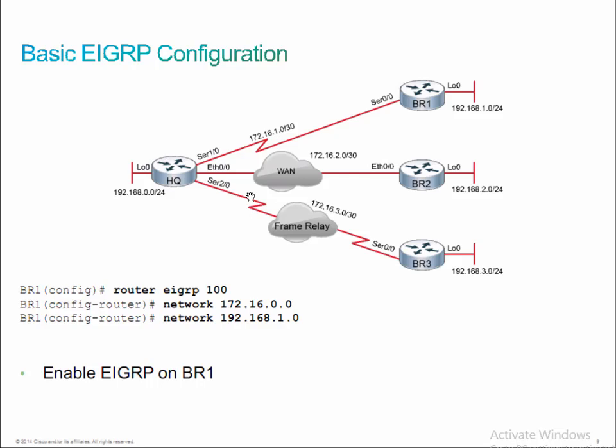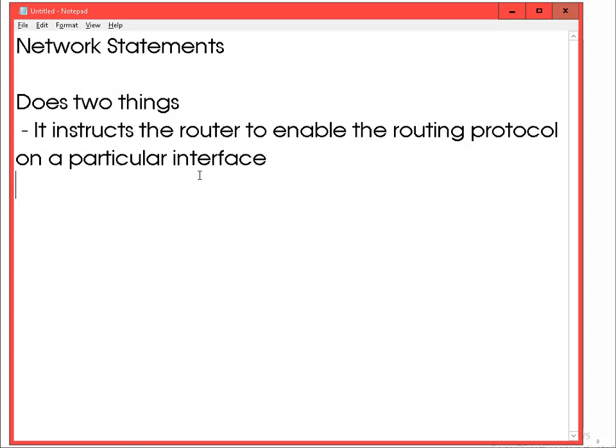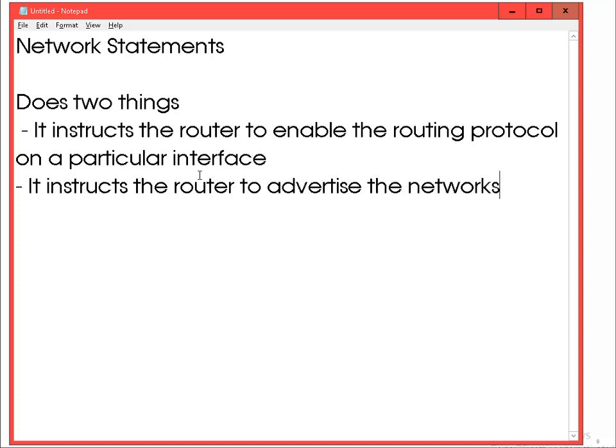However, the network statement does something else that is really important. It instructs the router to advertise the networks included in the network statements. This is a different statement than the first statement. The first statement is just implementing the protocol on the interface. The second statement is what allows networks to be included in the EIGRP process.